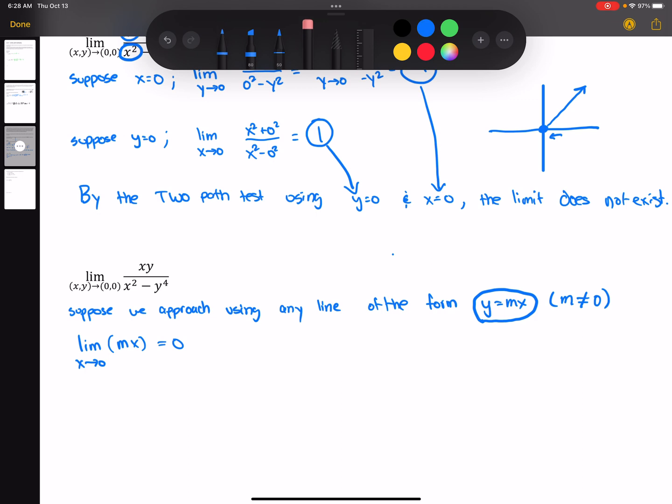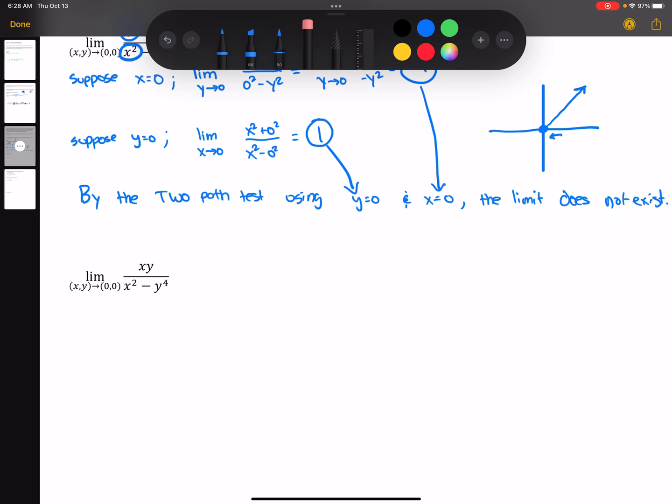We'll see what happens. So if y equals mx, then we're going to erase that part so I can have some room to work. If y equals mx, what we're actually finding is the limit as x, and since y equals mx, we just replace it with mx.